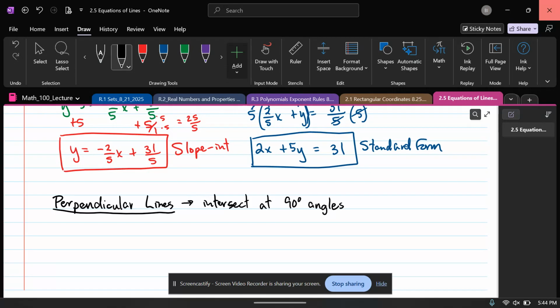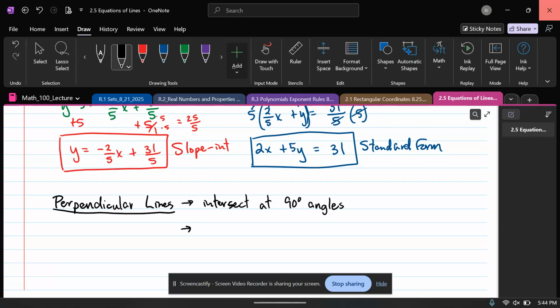Now, in the same vein as we did with parallel lines, what do we know about the slopes of perpendicular lines? Maybe we remember. This one's a little weird. Opposite signs. There's part of it. So Haley got us part of it. They're opposite signs.